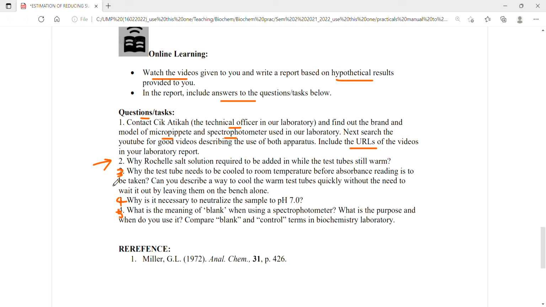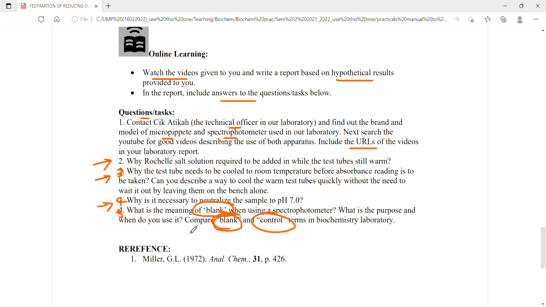I'm not going to give you hints or answers. You're supposed to do it, as well as this. Then, why is it necessary to neutralize? Also find out based on the reactions, and then I'm also very interested to give you a challenge on the difference between blank and control.